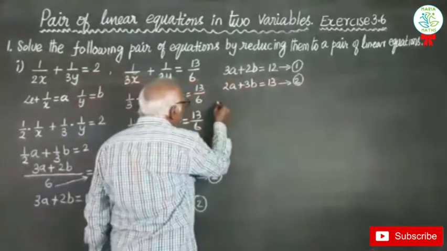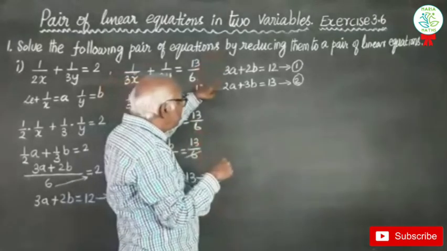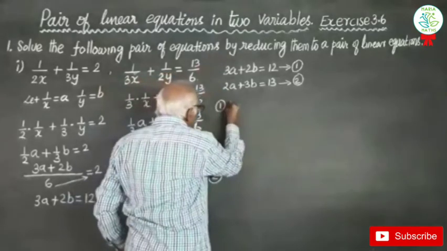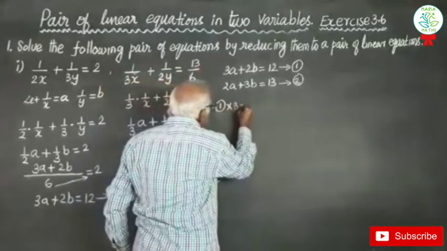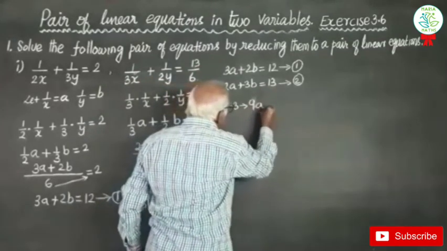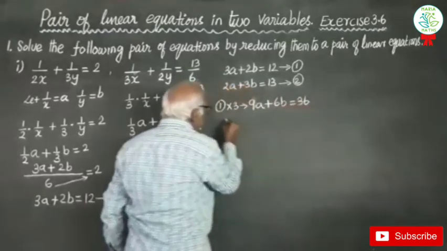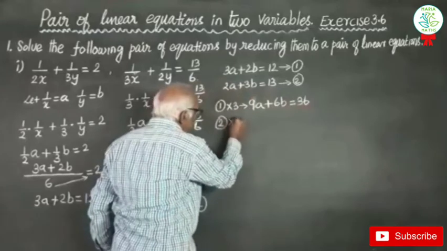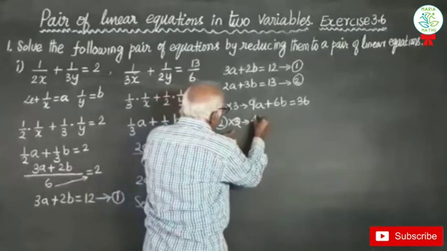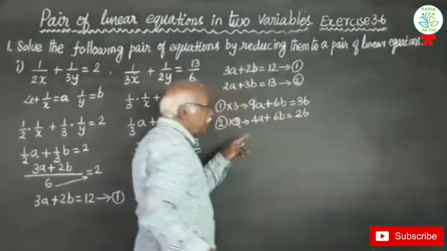I want to cancel b. So to cancel b, equation 1 is multiplied by 3 and equation 2 is multiplied by 2. Equation 1 into 3 gives 9a plus 6b equal to 36. Equation 2 into 2 implies 4a plus 6b equal to 26.